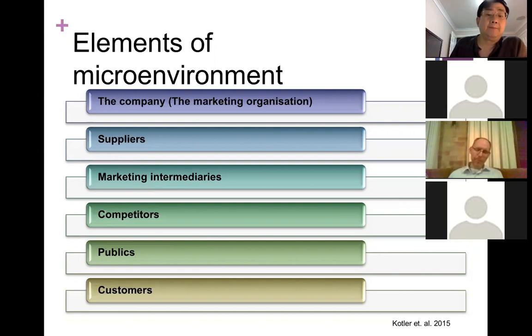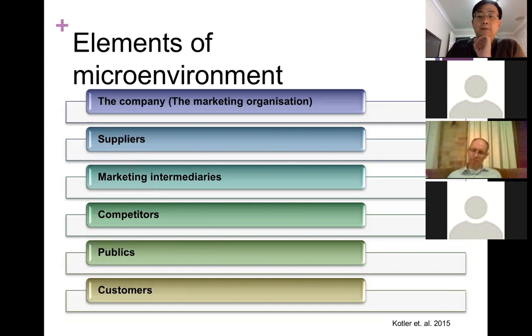And the next one is the marketing intermediaries, or the resellers of your products or services. Some companies adopt resellers in their business model. So they may hire distributors or other resellers, such as retailers, for instance, to help them distribute the products, promote the products, and so on and so forth. So you need to look at your own business model.